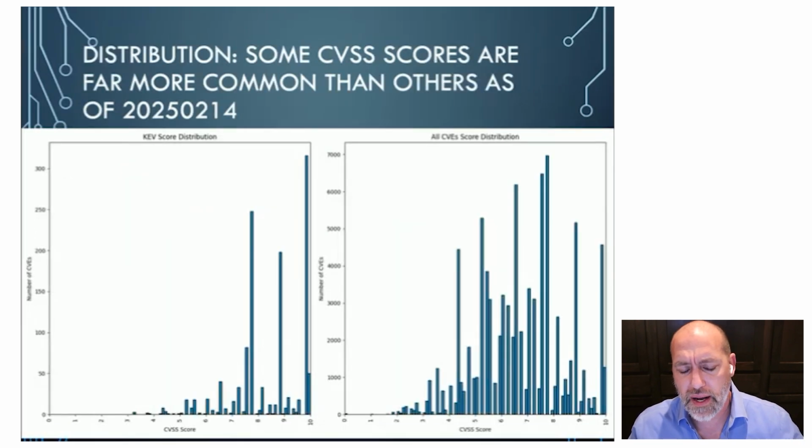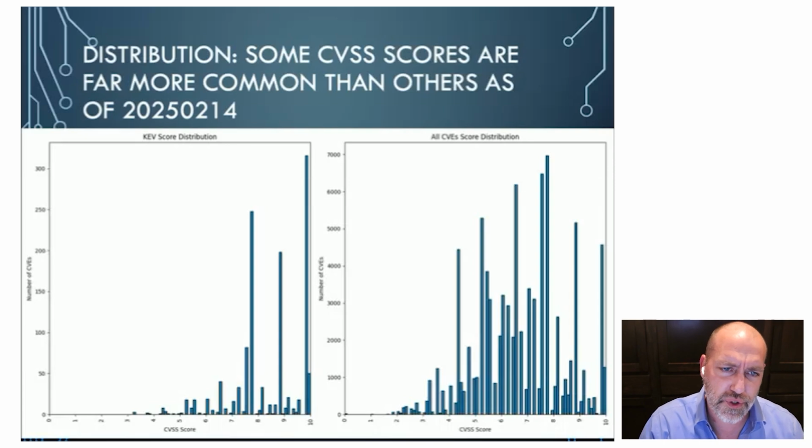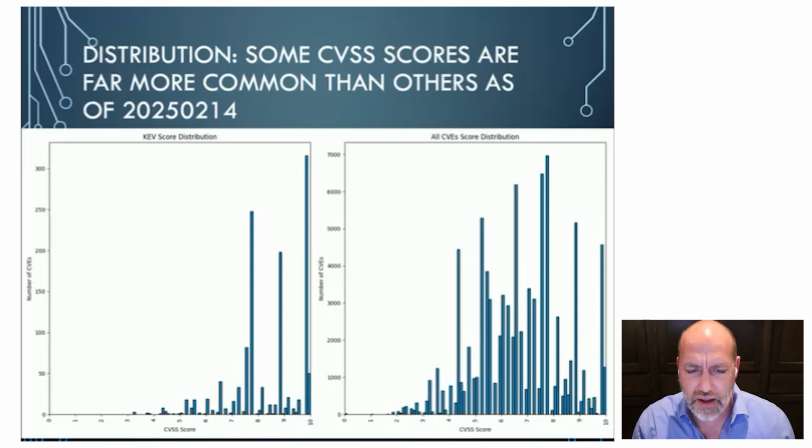But then I started plotting it against this population of vulnerabilities. So on the left, you see the KEV score distribution, every KEV that's ever been included in the database, of the 1,200 or so, against, you'll notice it's a different y-axis, the CVE scores across the entire population of all CVEs. So there's two things of note. One is the CVSS scores are pushed over a little bit.